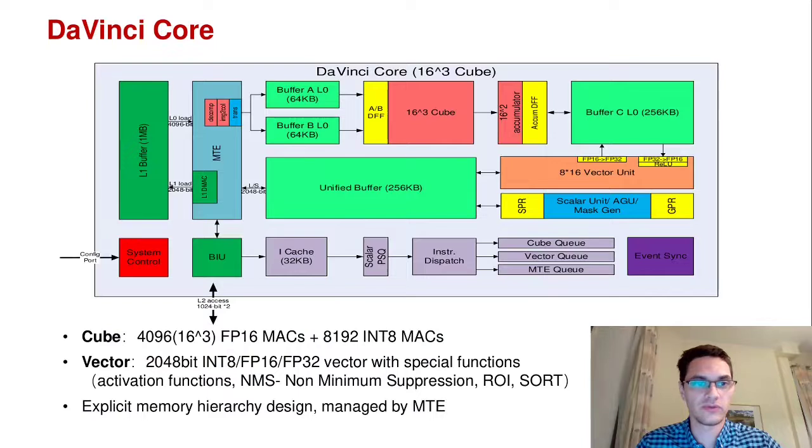Huawei decided to go with the explicit memory hierarchy design, since it allows to gradually reduce the bandwidth when the traffic leaves the chip. On the diagram here, you can see the scalar unit, the vector unit, and the cube unit, along with the MTE unit, which is a memory transfer controller.